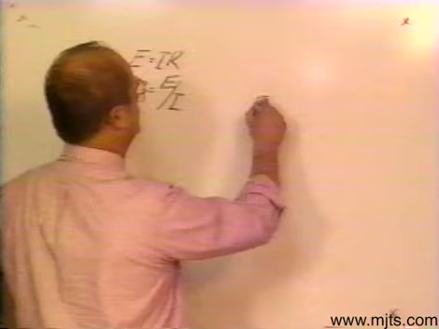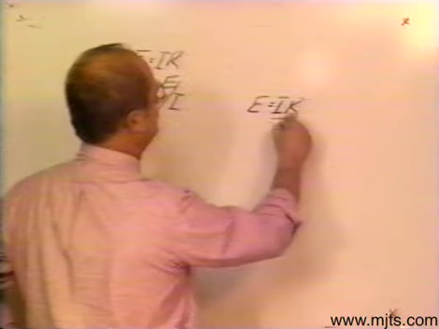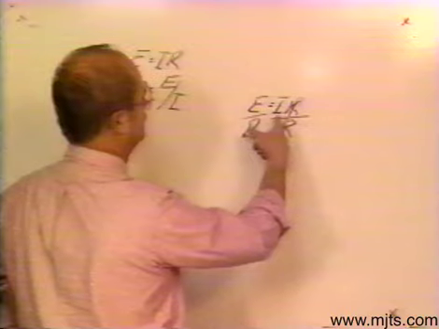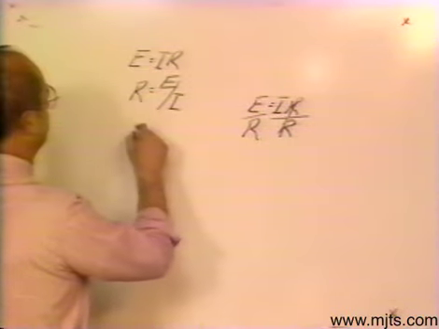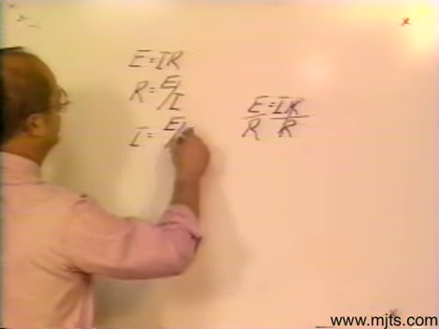In other words, E is equal to IR. We would divide both sides by R, isolating I, then we would know that I is equal to E divided by R.